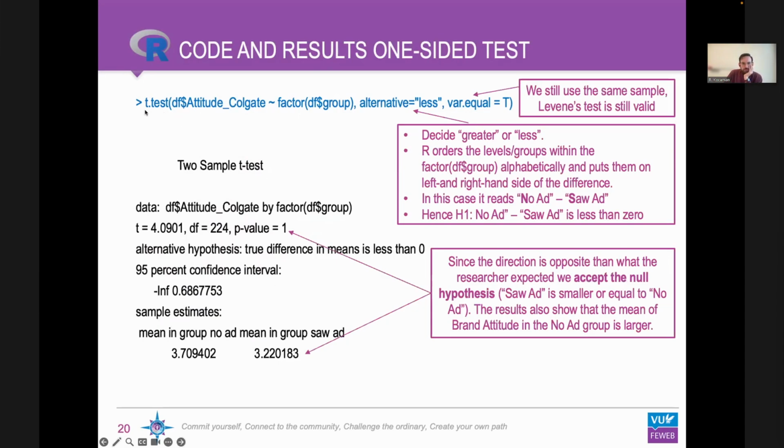If you remember, again, the t-test function, for all of the t-tests, you use the same function, but the arguments can differ. We again have the variable that we calculate the mean for, tilde the grouping variable. In this case, we factorize it using factor so that we make sure that this is counted as a non-metric variable.